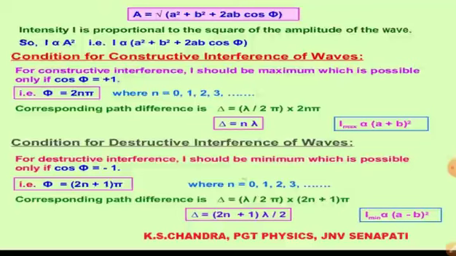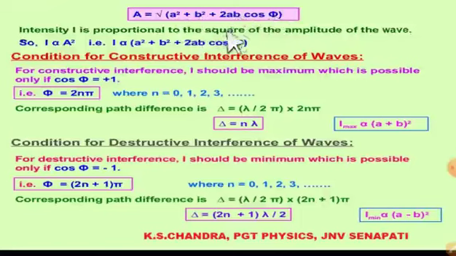Yes, so your amplitude is equal to root over of a square plus b square plus twice ab cosine of phi. If the amplitudes of the two waves are the same, then b will be equal to a.